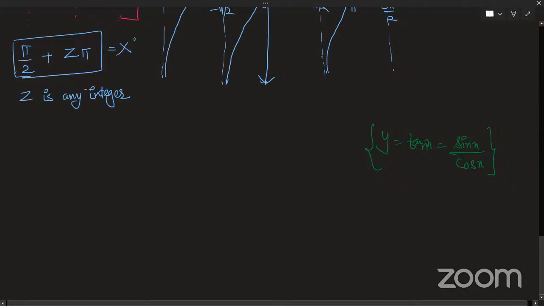Domain means the set of values that you can input inside the function, right? I hope you remember that. In that we had learned that you can't input those values of x where cos x is zero, because it will be division by zero, which is not allowed. So basically, wherever my cos x is zero, tan x is indefinite.